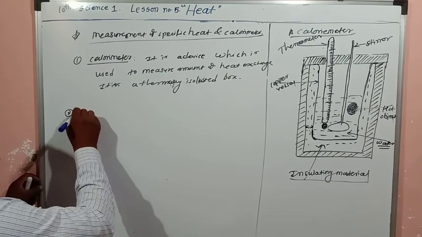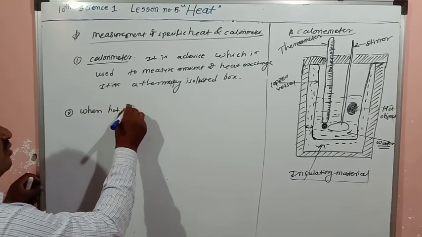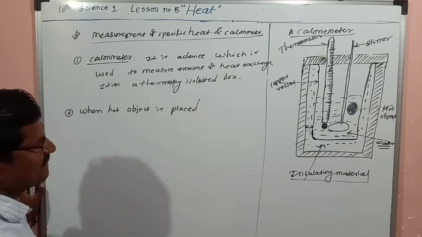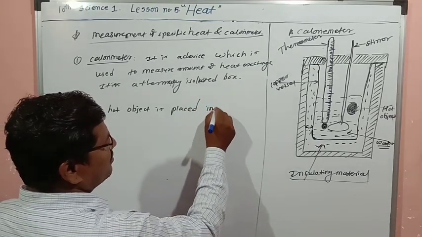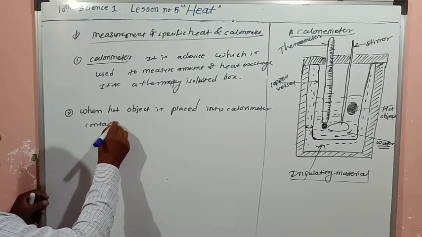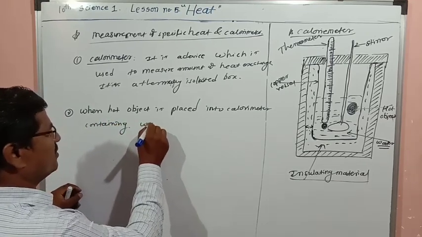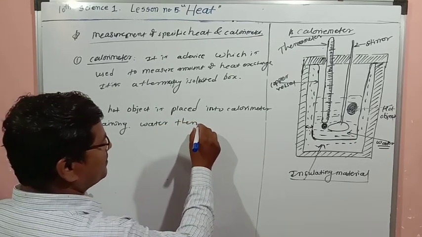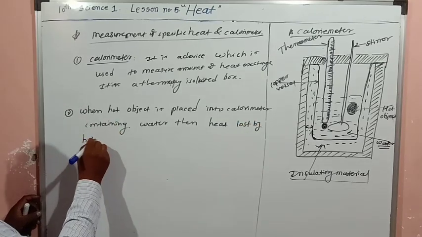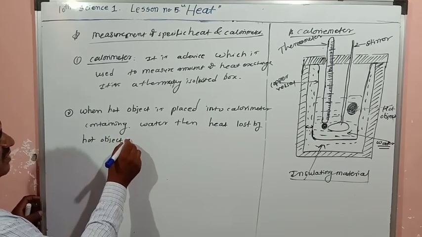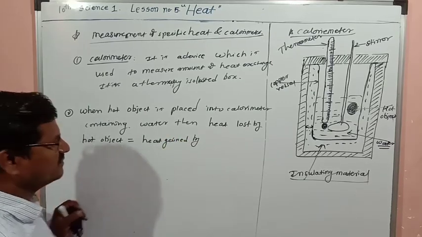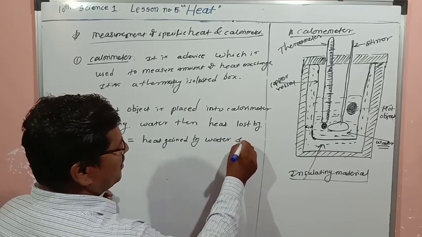Second thing is, when a hot object is placed into a calorimeter containing water, then the heat lost by the hot object is equal to the heat gained by water and calorimeter.